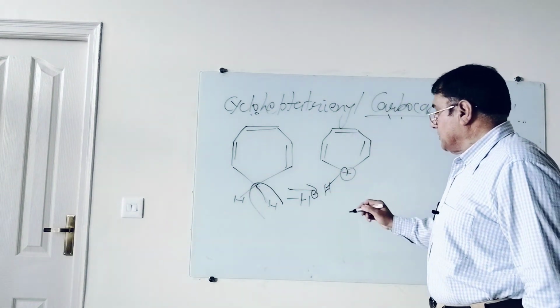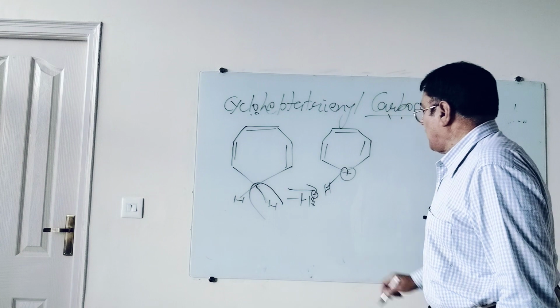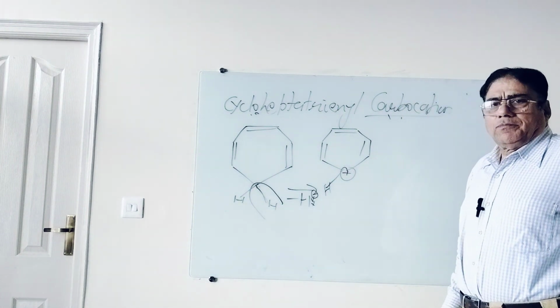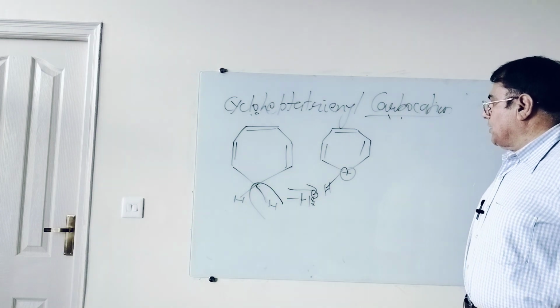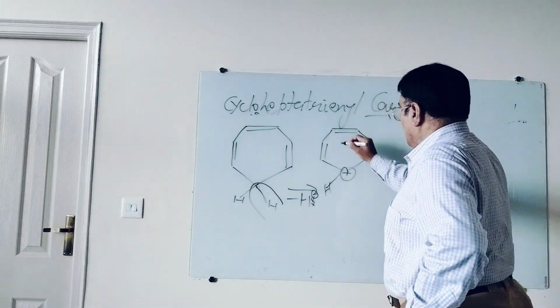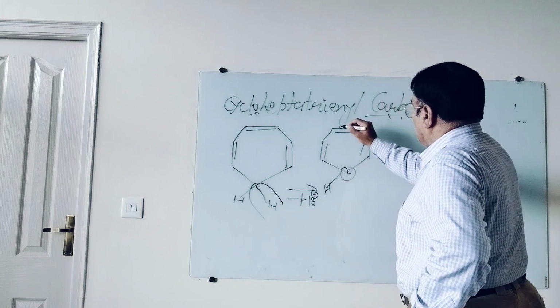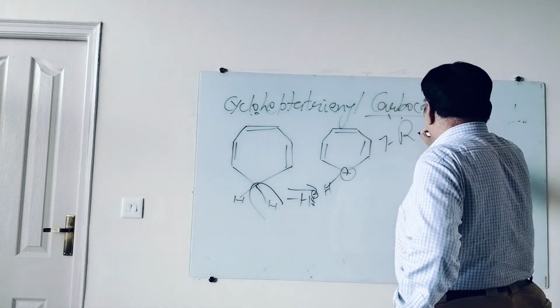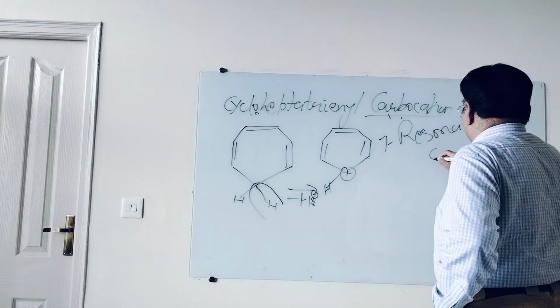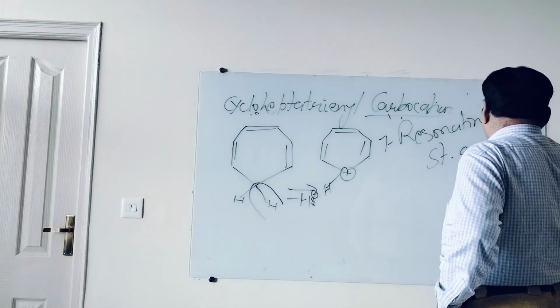H minus means there are 2 electrons on hydrogen. This is the formation of tropylium carbocation. Now you can see how many resonating structures you can say. This is 1, 2, 3, 4, up to 7 resonating structures are possible.